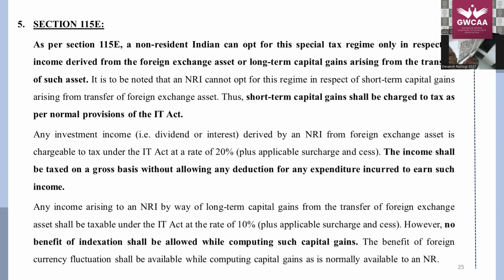Either non-resident can choose to levy the tax as per the normal rates, or he can also choose the section 115E special rate in case of capital gains or dividend or interest. But in this case, the income shall be taxed on gross basis without allowing any deduction. So in this, deduction will not be available, expenditure will not be available. Straight away they have to pay at the rate 20%.